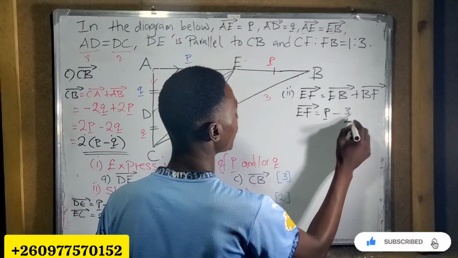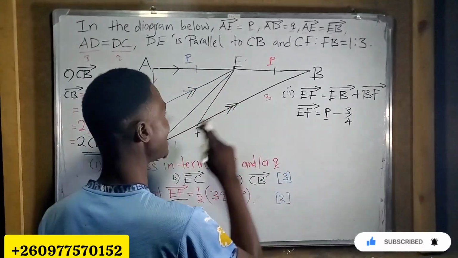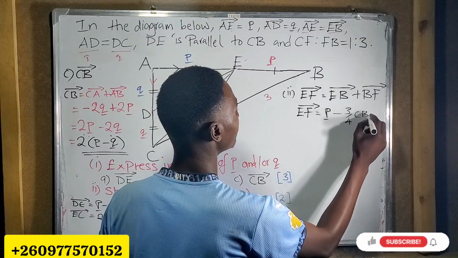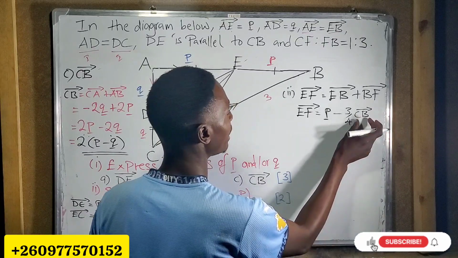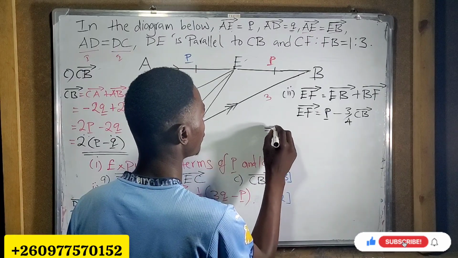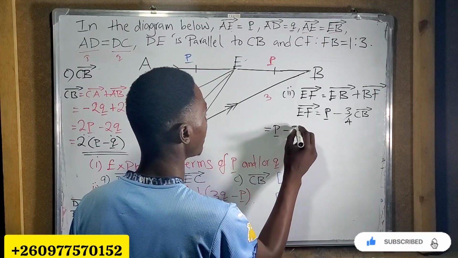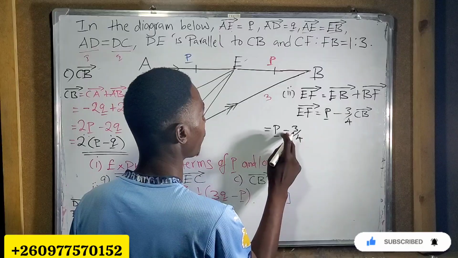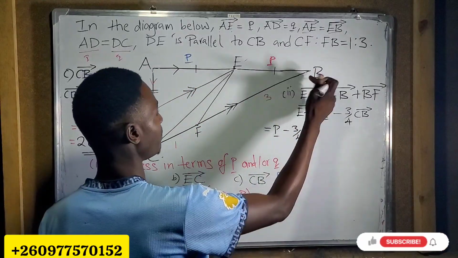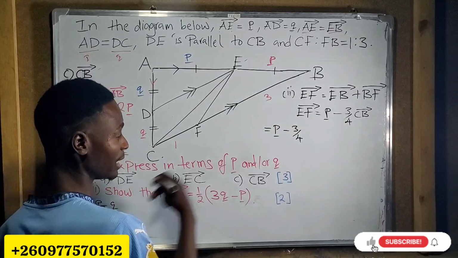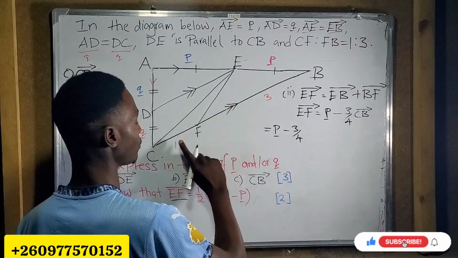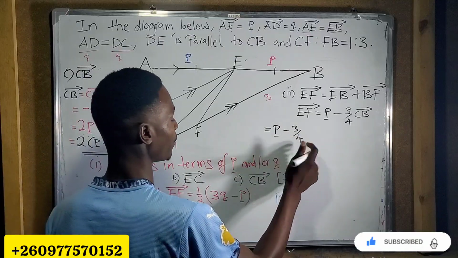So 3 over 4 of CB. Now I need to substitute CB there. So EF is equal to P minus 3 over 4. The negative is coming from the fact that it is opposite of CB. We're going in the opposite direction. The 3 is this one. The 4 is the total segments, 1 plus 3, which is 4.